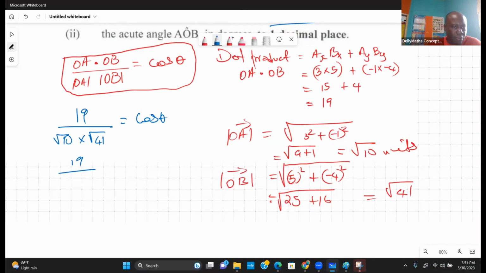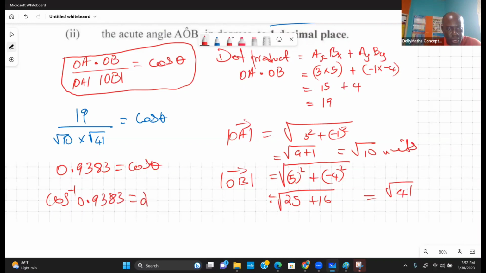19 divided by this, hold on. 19 divided by that, I'm getting 0.9383, which is the cosine of the angle. So I'm going to have to go cos inverse of 0.9383.